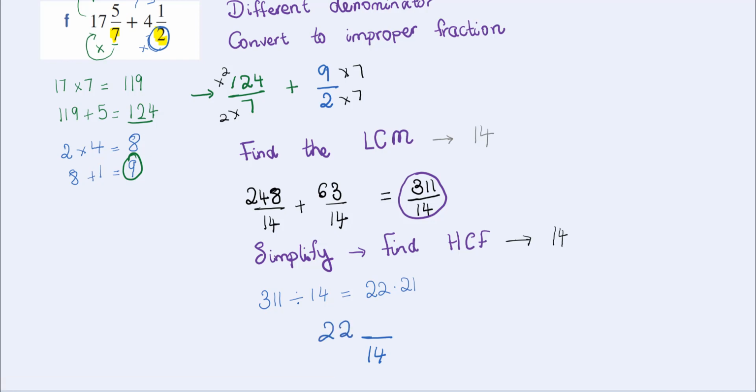So I'm going to just double check that. So 14 times 22 gives me 322. And now, for 322, I'm going to add 3, which will give me 311, which is my answer.